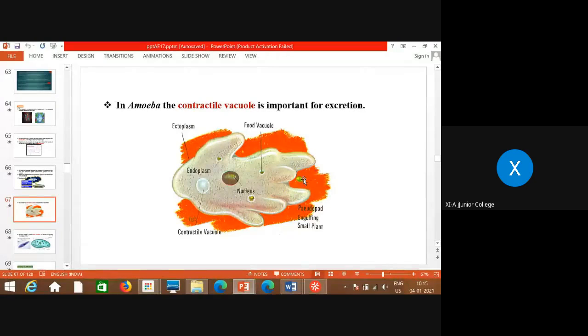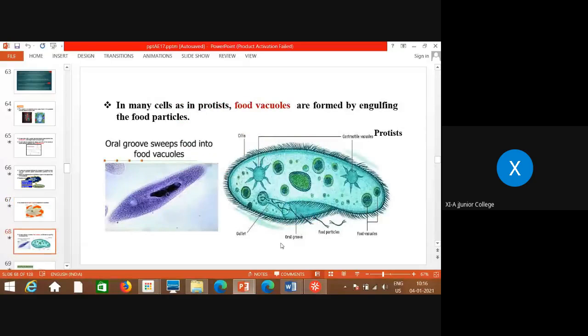When it comes in contact with the organism, it increases its organs like the pseudopodia and engulfs that foreign material as its food, and then it is surrounded by the pseudopodia, and it works as a food vacuole, where different types of enzymes are released which are helpful for the digestion of that particular food which is taken inside.